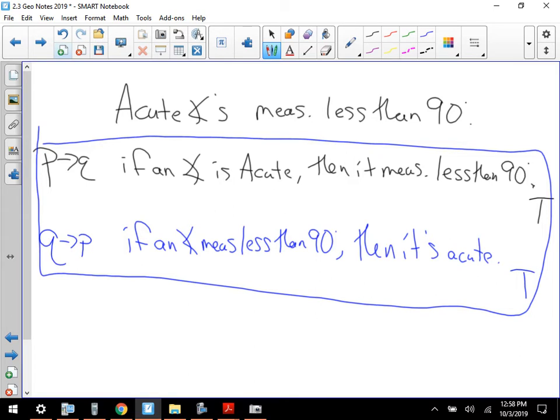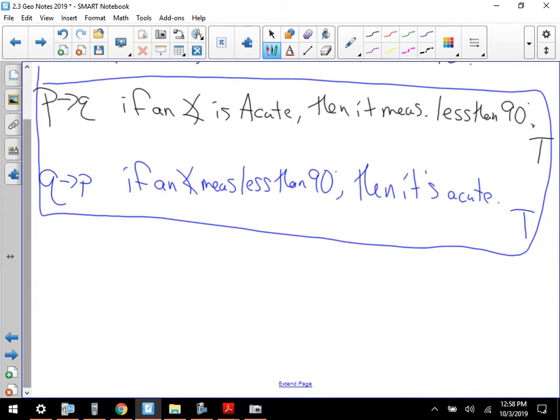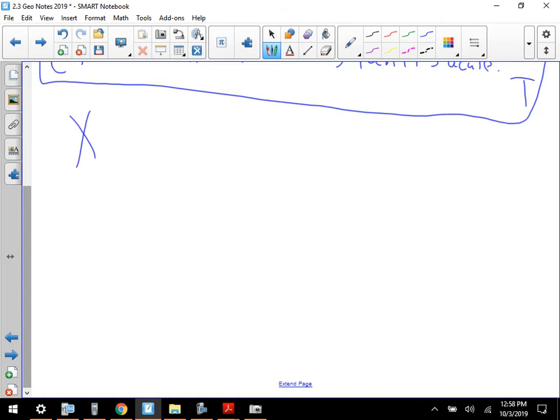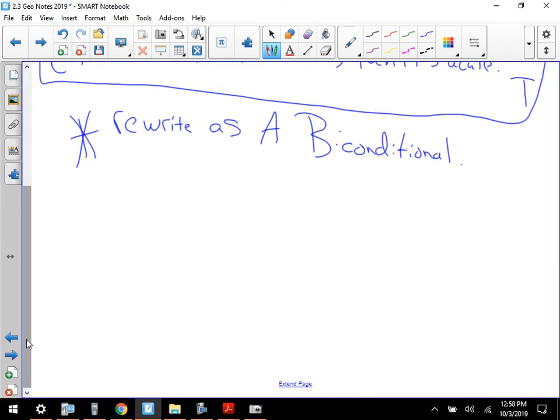That's a great pickup. So what we do here is rewrite this as what's called a biconditional statement. In a biconditional statement, it uses the term if and only if.